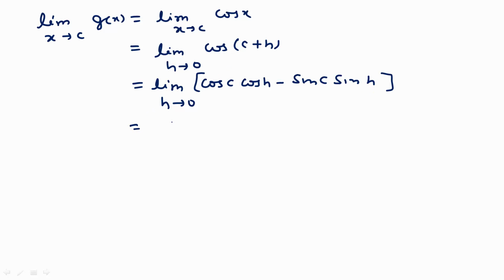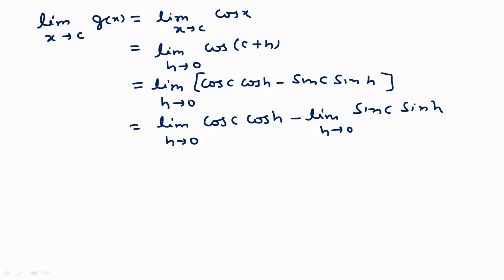Taking limits separately, limit h tending to 0 cos c cos h minus limit h tending to 0 sin c sin h. Cos c into the value of h equal to 0, means cos 0, minus sin c into sin 0.